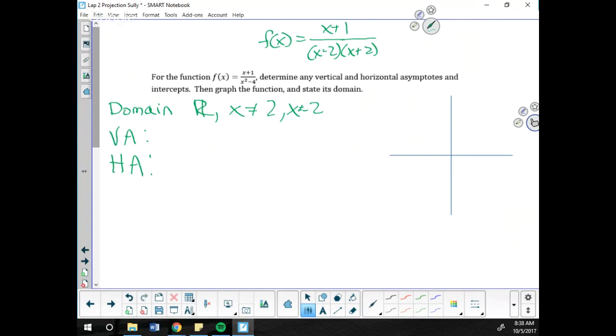So for the vertical asymptotes, I'm seeing a lot of x equals 2 and x equals negative 2. Now that you've found those vertical asymptotes, I want you to go and graph them.